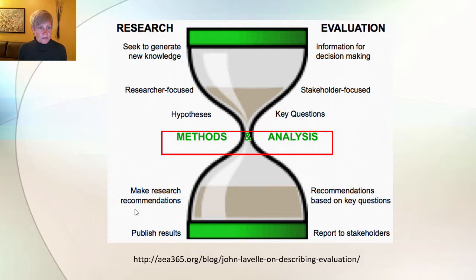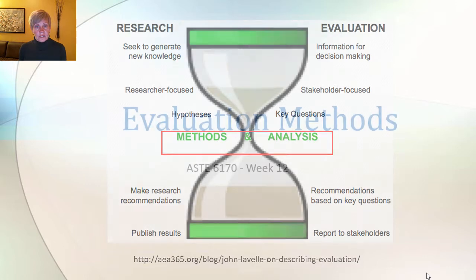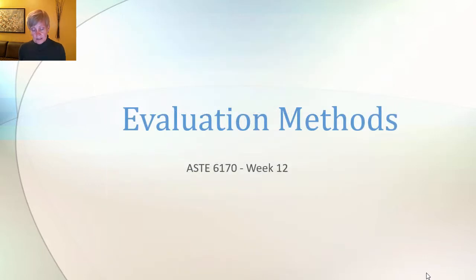Over here, make research recommendations based on what you find out from your methods and analysis. And over here, recommendations based on the key questions, going back, how were these answered, published results, and you also will publish and make a report to stakeholders so that they can make that decision for their decision making. So that's just a little overview about research and evaluation methods.